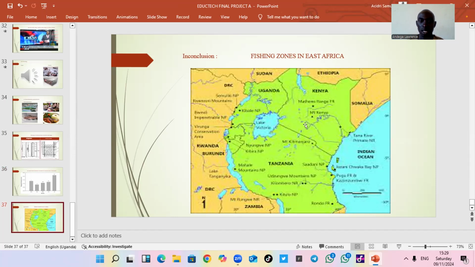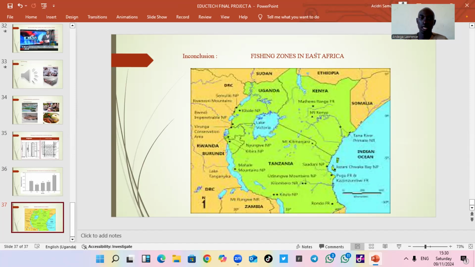And then fishing in East Africa, as it is both marine and inland, we can also do fishing on the Indian Ocean as marine. We can see here, it is indicated in blue. The color blue is basically for water resources.